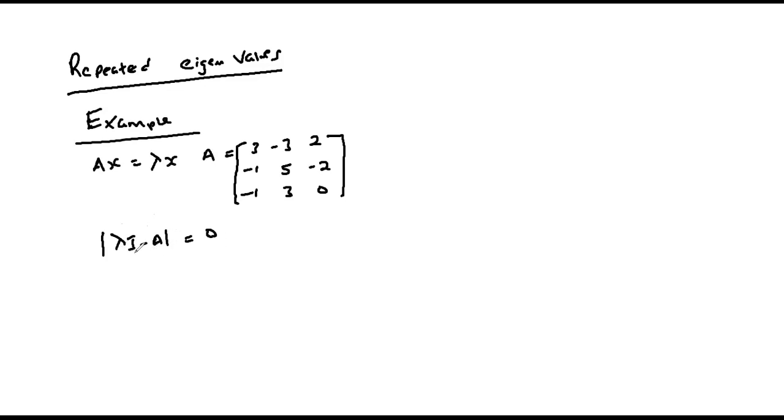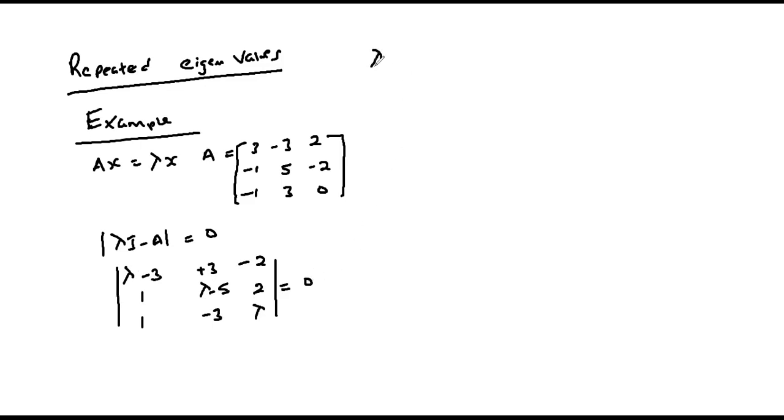In this case, I will be an identity matrix of order 3 because A is a 3 by 3 matrix, and therefore we will have lambda minus 3, minus 3, which becomes positive 3, then -2, then 1, lambda minus 5, then 2, 1, minus 3, lambda, with the determinant equated to 0.